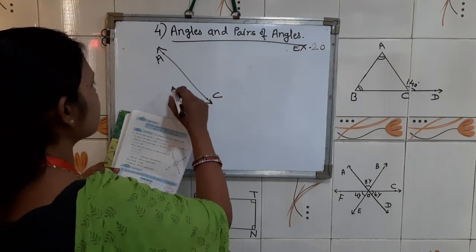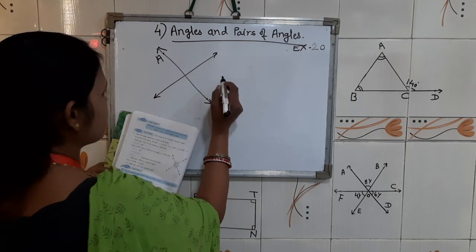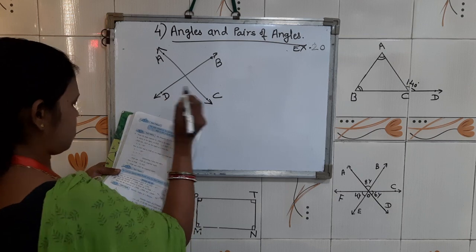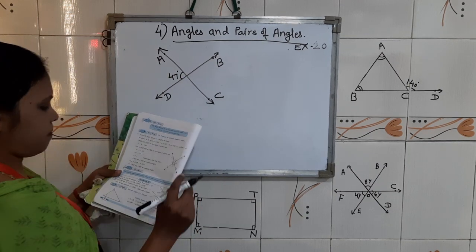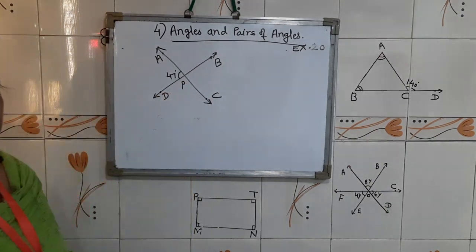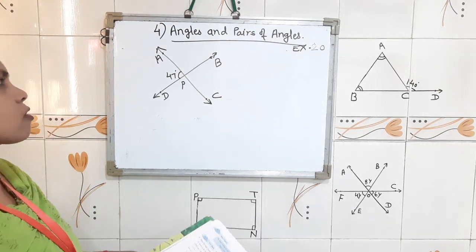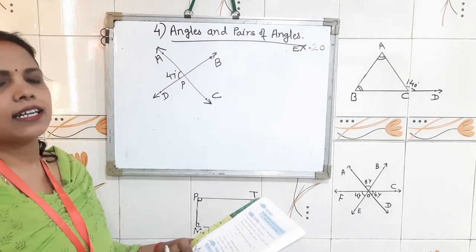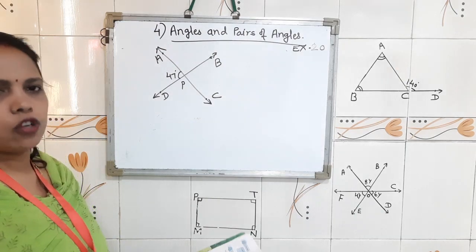Here points are given A, C. Second one given B and D. And the measurement is given 47 degree. So children, it's also easiest for you. Why? Because in first class only I had given all the types of angles. Because of that, all the exercises will be easy for you.